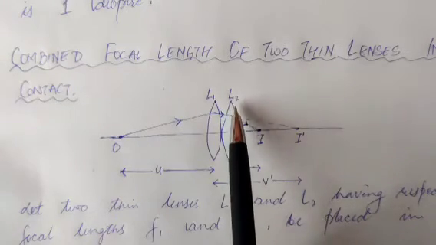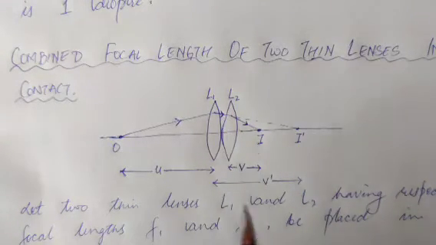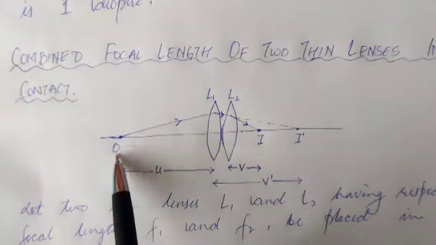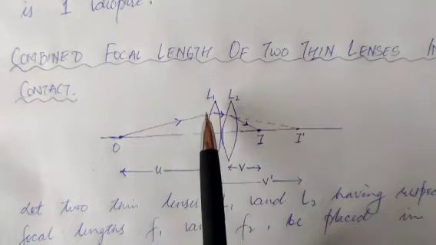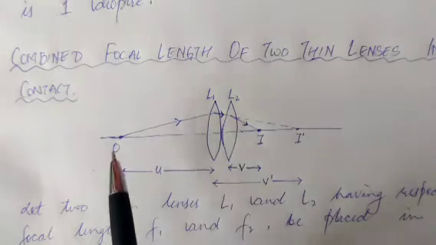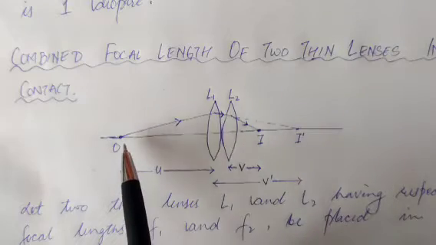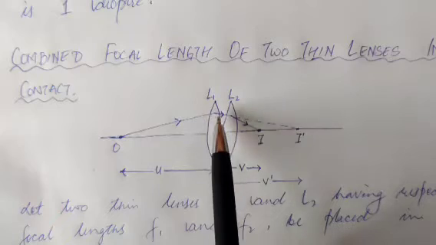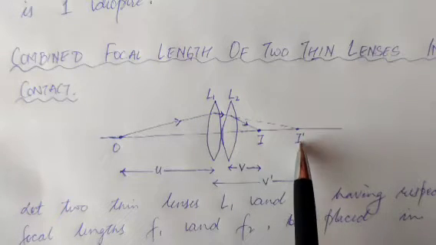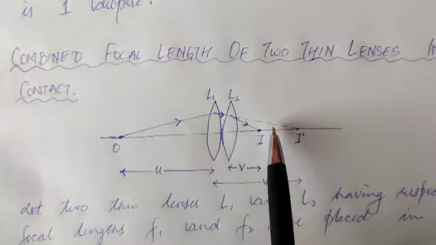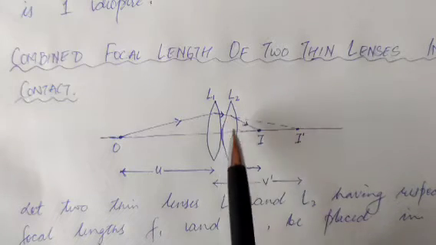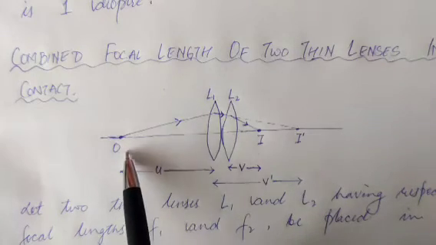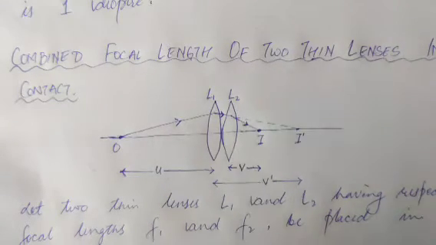Now what this picture is telling us is, if this lens L2 is not there, then the image of the object O is formed by lens L1 alone, because L2 is not there. So if L2 is not there, then the image of this object O is formed by lens L1 alone at this point I dash. So the dashed lines over here are showing the position of the image I dash of the object O, of course, in absence of lens L2.